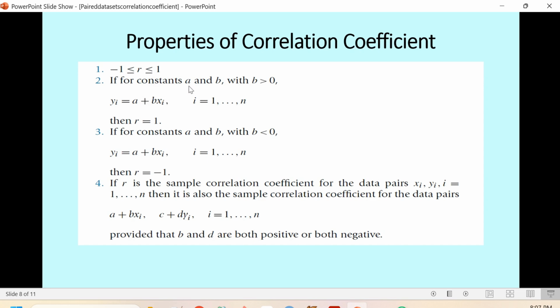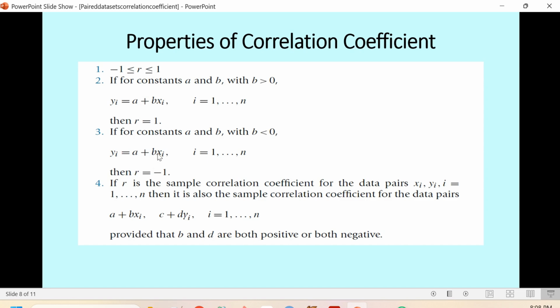And if a and b are constants, and yi equals a plus b times xi with b positive, then the correlation between y and x is 1, because they have a perfect linear relationship, and the correlation coefficient measures the linear relationship between these two.